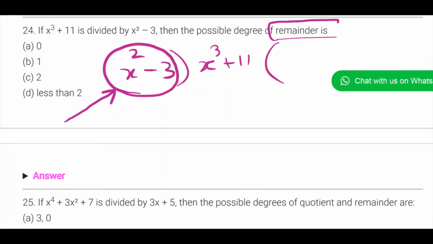Whatever the remainder we are going to get, it can't be more than this 2, isn't it? So it should always be less than 2. It can be either a linear equation or a constant, but it can't be more than that.